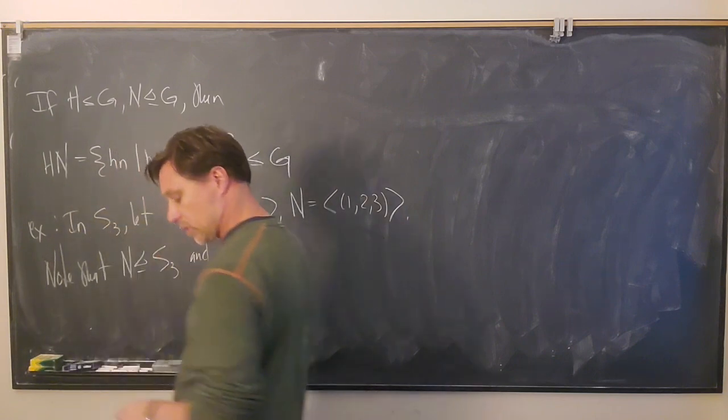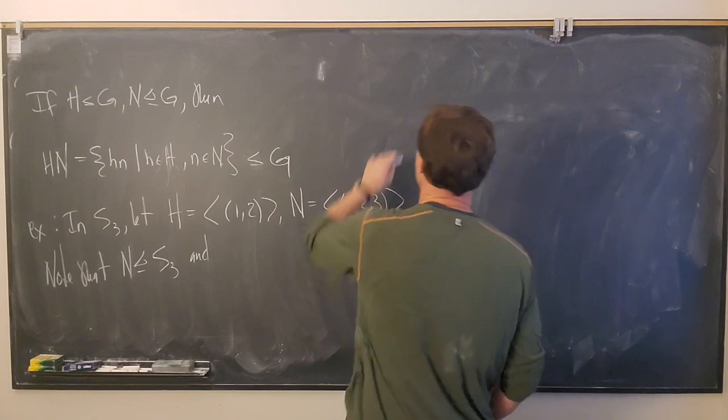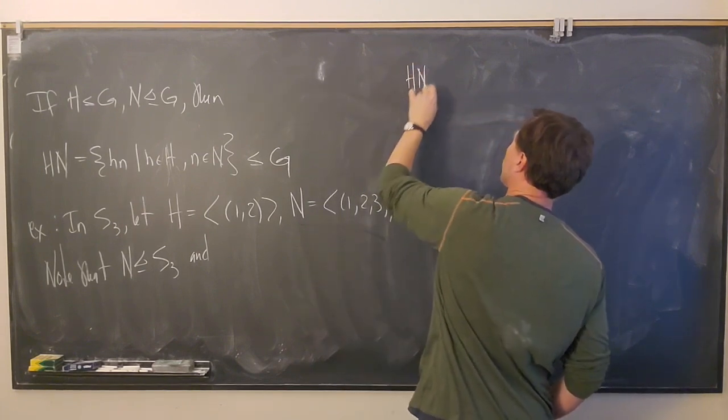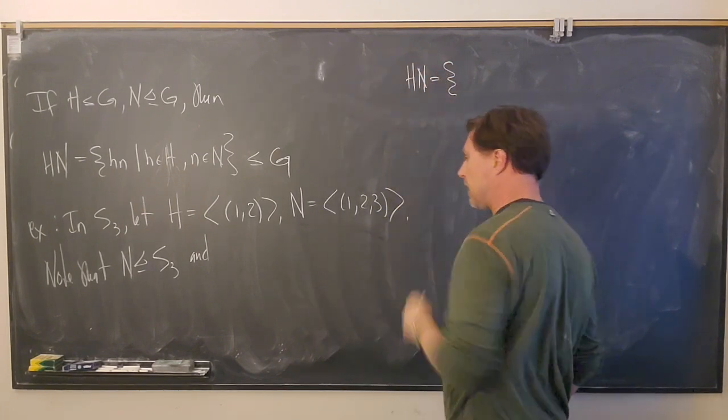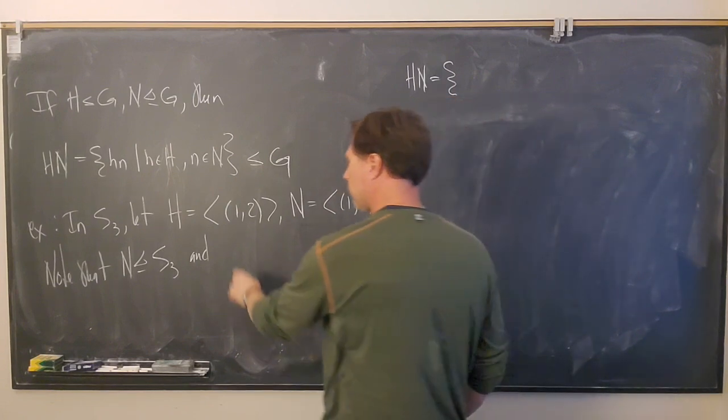And so what do we have now? If we look at H times N, let's see what we're going to get. So in fact, let me write out who these are.